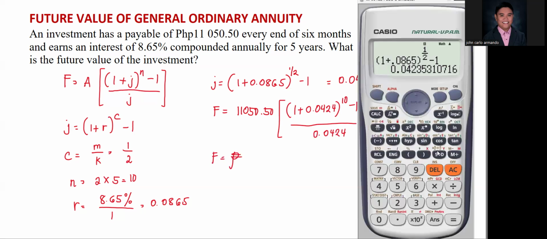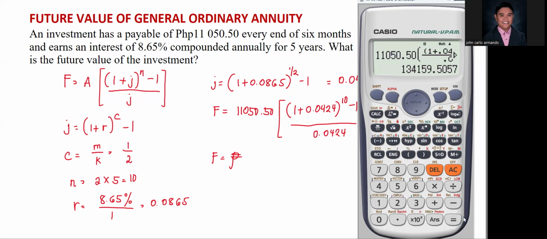So we now have 11,050.50 times (1 plus 0.0424) raised to 10, then minus 1, divided by 0.0424, equals.